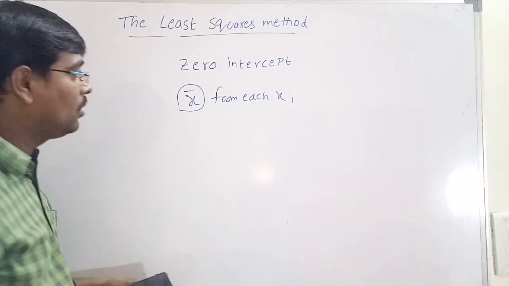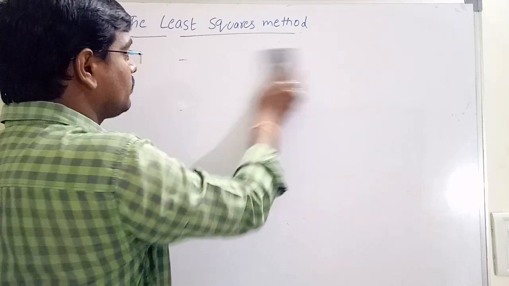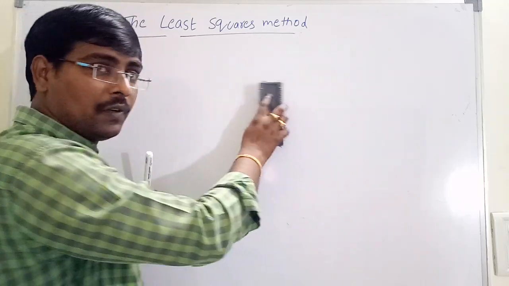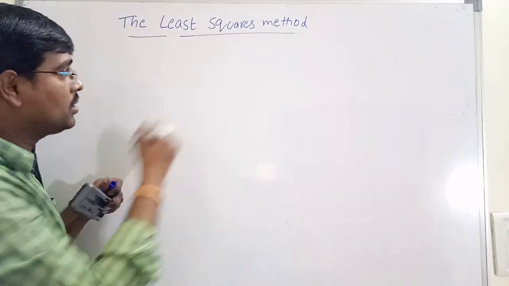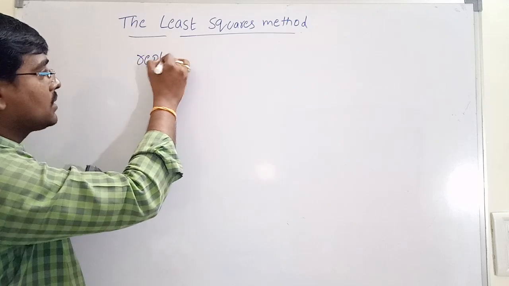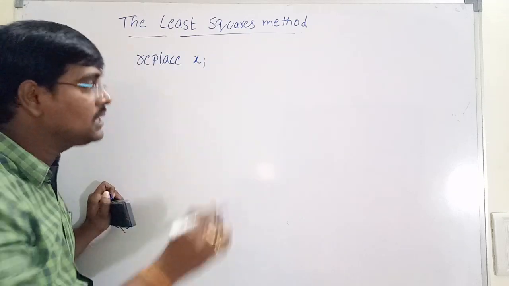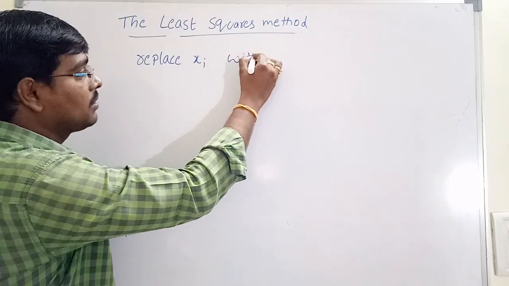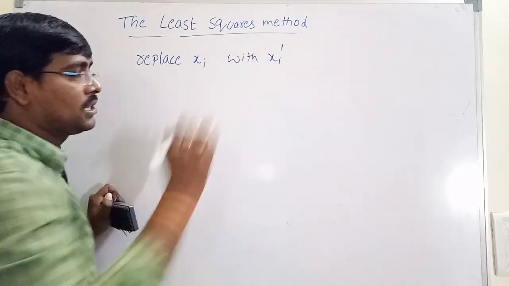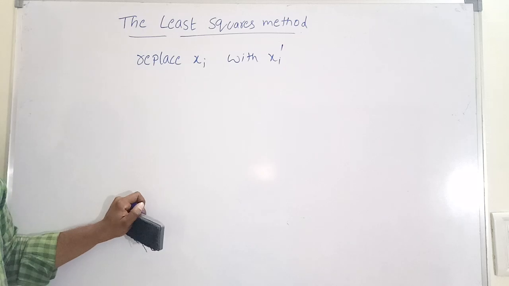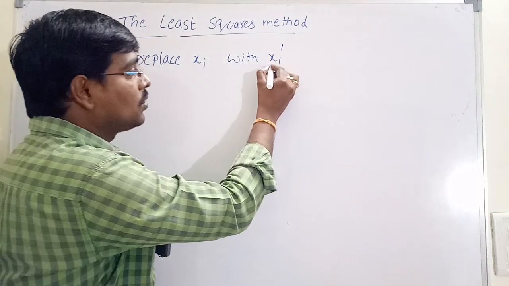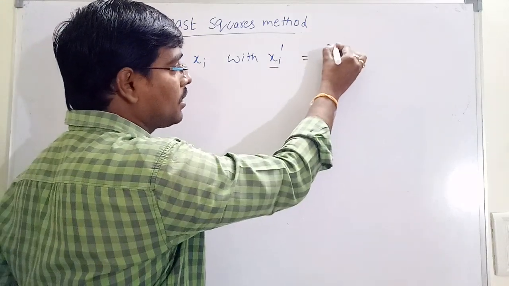Suppose for this one I additionally add: if we replace xi with xi dash, what is the value of xi dash?